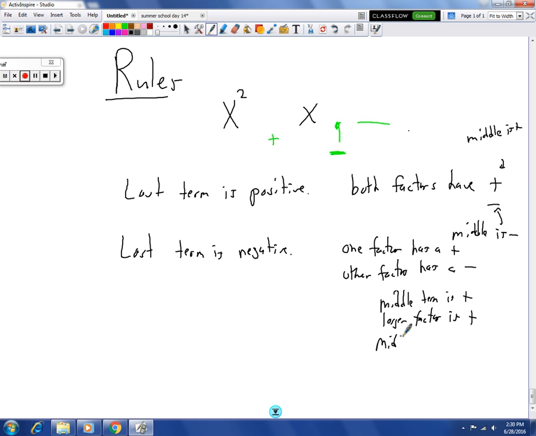If your middle term is negative, then your larger term is negative. Okay, so that's the rules. And I don't recommend you really try to memorize those. They're just going to come to you naturally when you do a lot of problems.